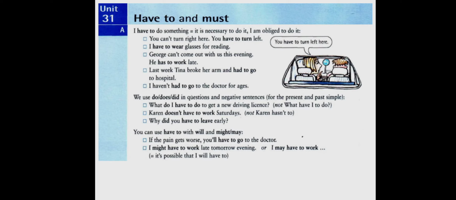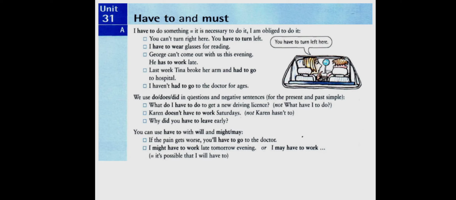You can use have to with will and might and may. To express future, we use will and we use have to, we don't use must. And to express possibility, we use have to, we don't use must. So to express future, we say if the pain gets worse, you will have to go to the doctor.